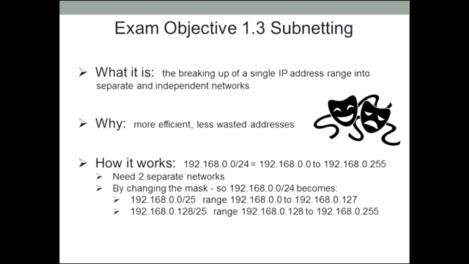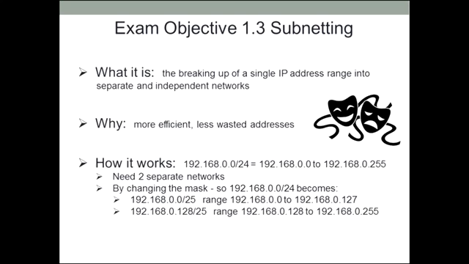Let's talk about these 2 addresses and address ranges. Remember back in the beginning when I said when you were talking about the nodes, you had 2 to whatever power minus 2? Well, here's where it comes into play. So this 192.168.0.0, that's not actually an address that is available.